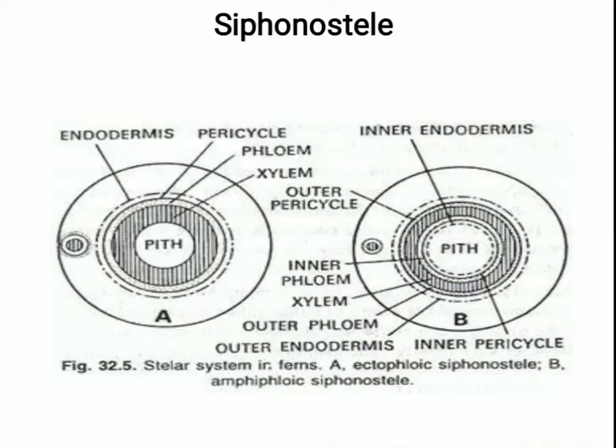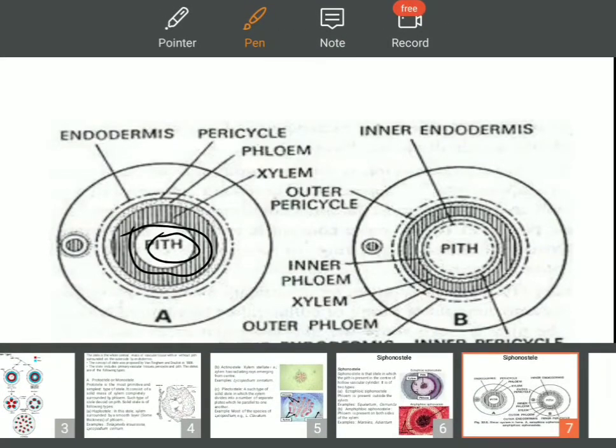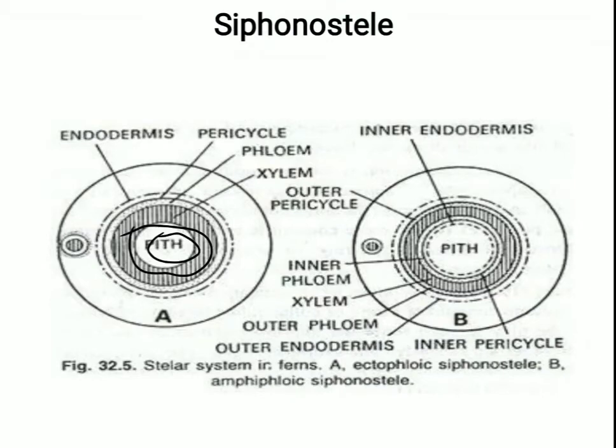This is the diagrammatic structure of amphiphloic siphonostele and ectophloic siphonostele. You can see the middle portion is the pith, then the lining portion is the xylem, and it is surrounded by phloem. Endodermis and pericycle are also present.